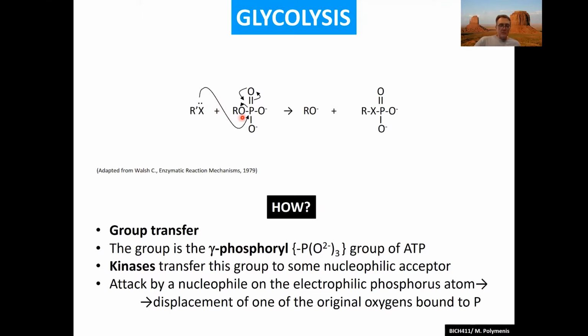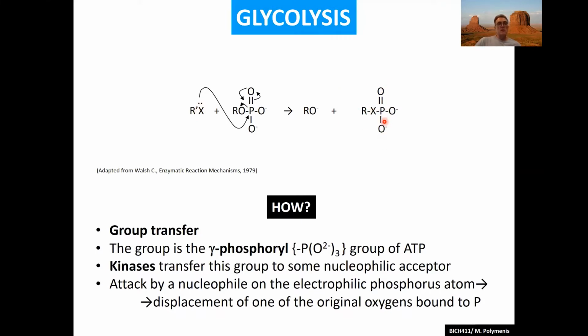As a result, ATP now will become ADP. This part is gone. And the R prime X, whatever that was, in this case glucose, where the X was the 6th hydroxyl group, the hydroxyl group on carbon 6, now becomes phosphorylated.